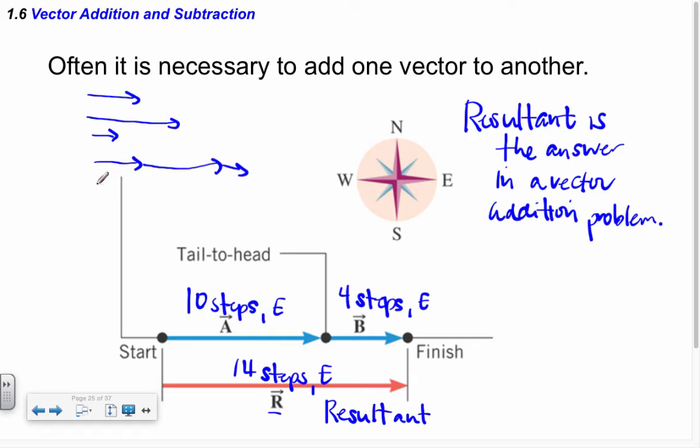And my resultant always goes from the tail of the first one to the head of the last one. So that would be my resultant, R.